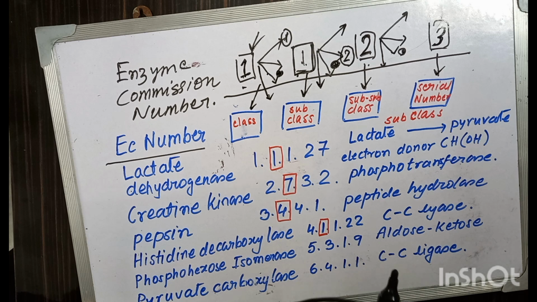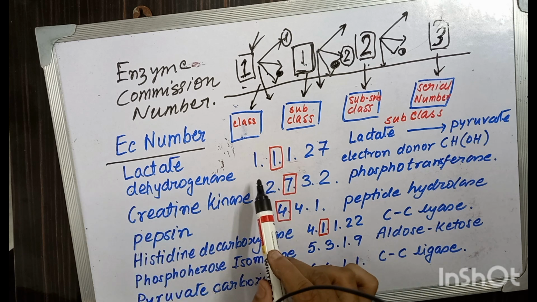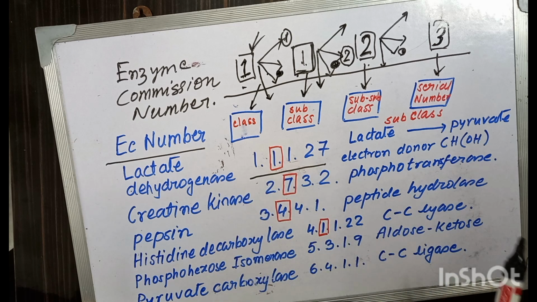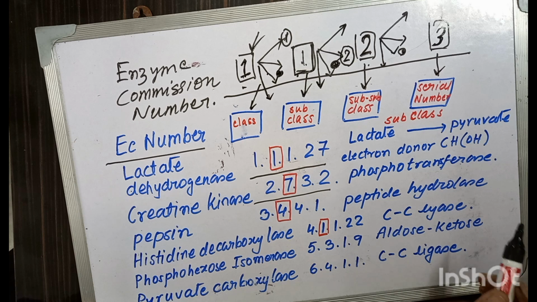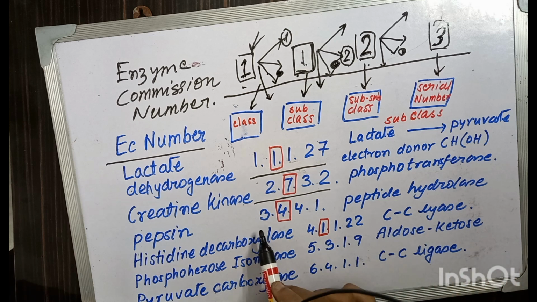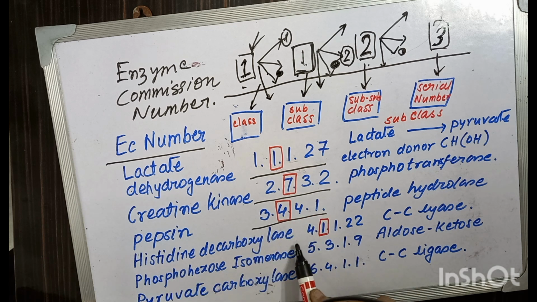So let's have examples of a few enzymes. Lactate dehydrogenase is 1.1.1.27. Creatine kinase is 2.7.3.2. Pepsin, that we have learned just now, digesting proteins, a hydrolase, is 3.4.4.1.